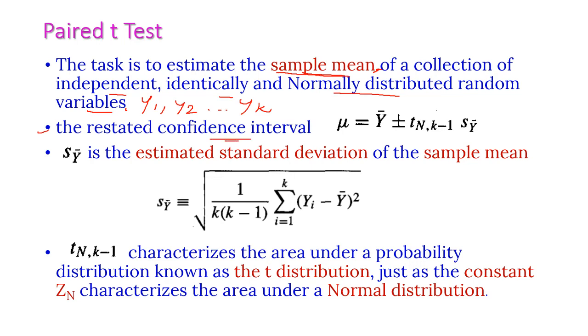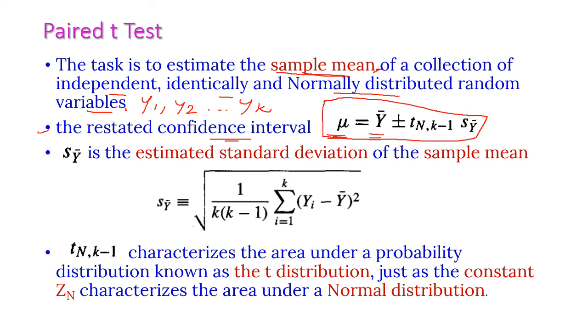Now we need to restate the confidence interval for mu, which is equal to y bar, which we have just computed, plus or minus t n comma k minus 1 times s y bar. This is the restated confidence interval of mu.